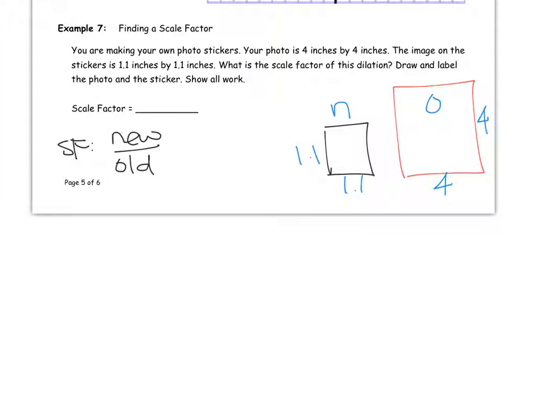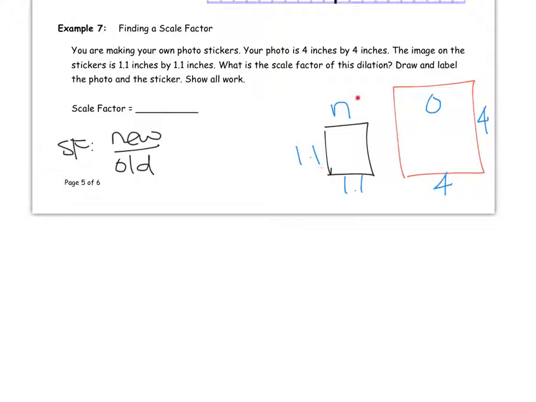Alright, so example 7, finding the scale factor. You are making your own photo stickers. Your photo is 4 inches by 4 inches. So it's probably one of them Instagram kind of photos. And the image on the sticker is 1.1 inches by 1.1 inches. So what is the scale factor of this dilation? Draw and label the photo and the sticker. So notice what I went ahead and did.